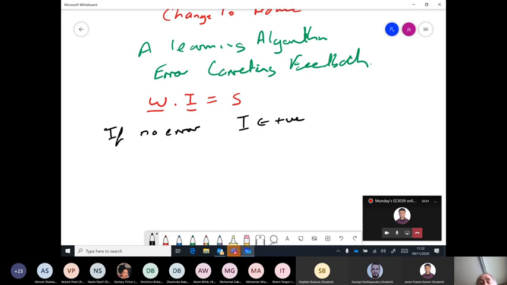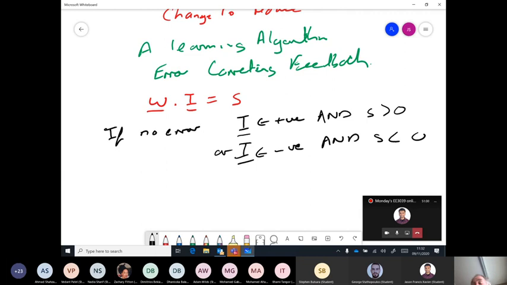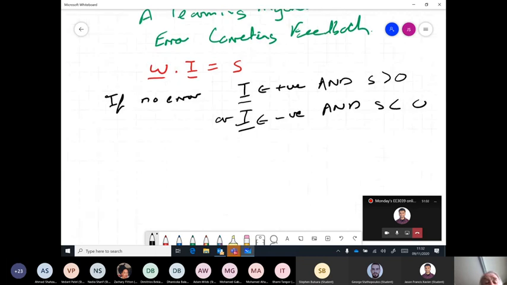And so if I belongs to the positive class and S is positive, or I belongs to the negative class and S is negative, it's giving the right answer by chance, no change in W.